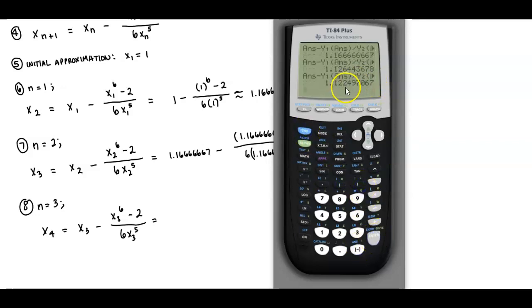And therefore there is our next result, which is 1.122497067.